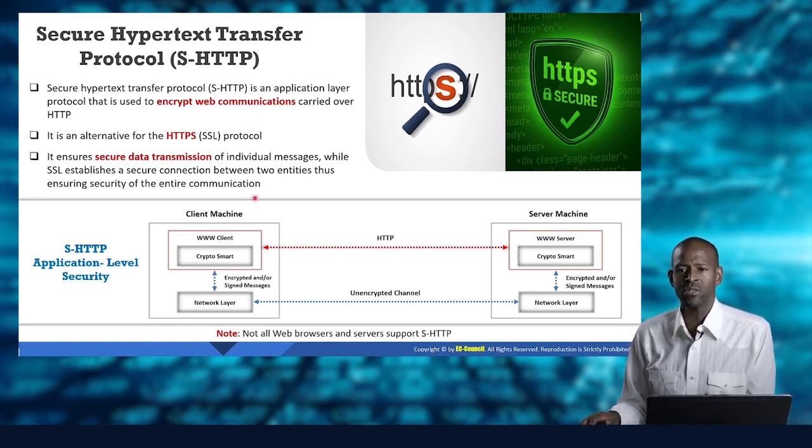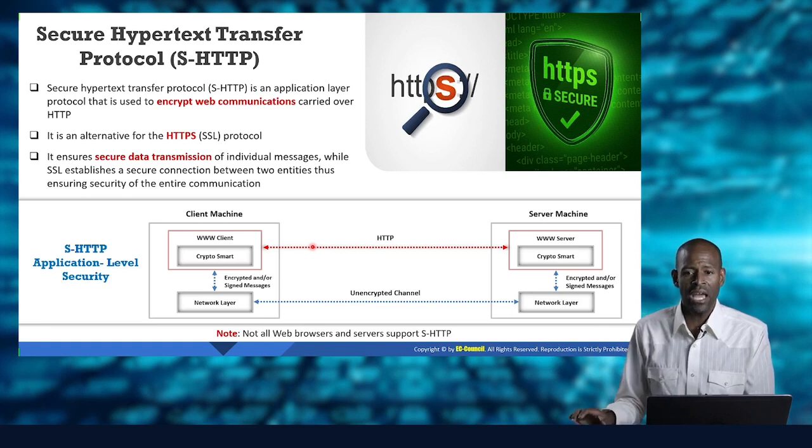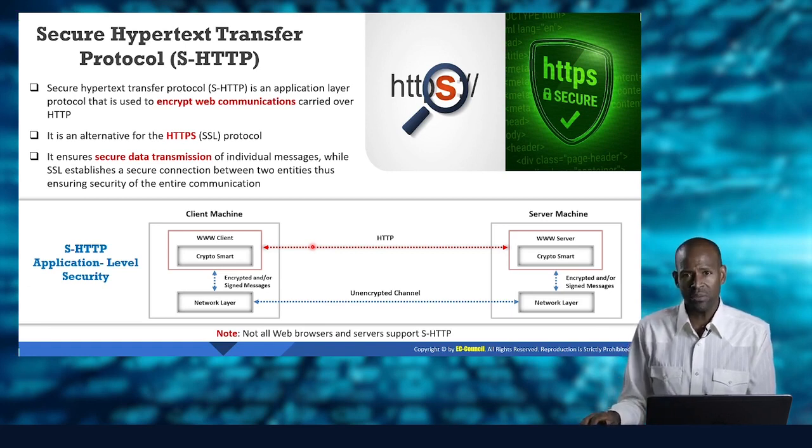One of the problems with SHTTP, if you look at the web machine, the client machine, and the server machine, is that we have unencrypted information that goes over that network. It doesn't take the entire channel and the handshake and encrypt it. So with SHTTP, two things. Number one, it's hardly ever used. And number two, the reason why is because part of the communication is unencrypted.